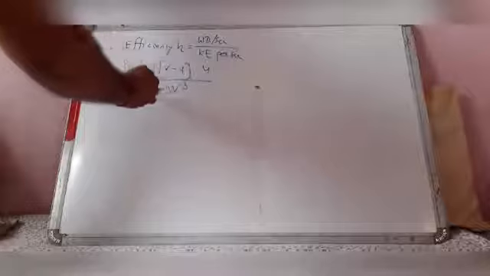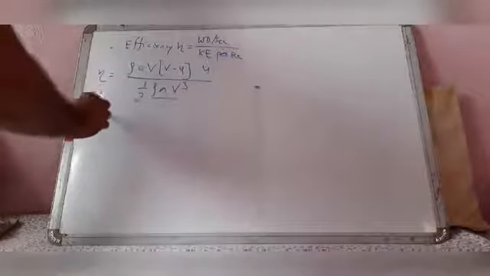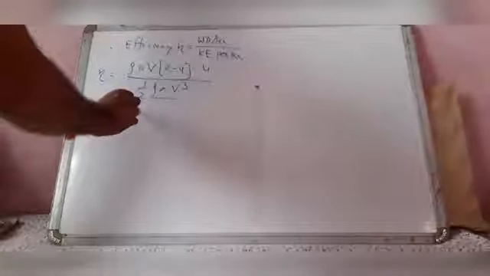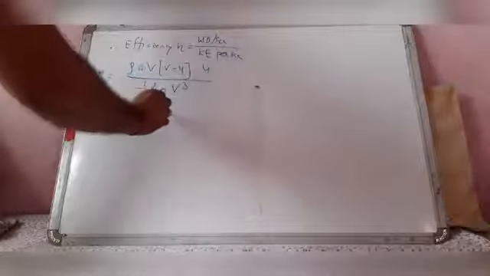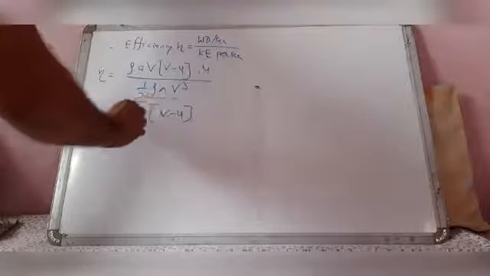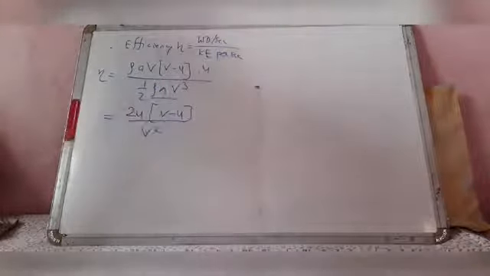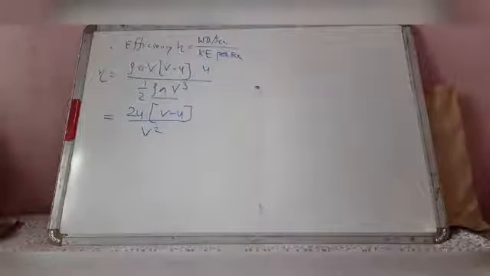Here rho A v and rho A v cancel, and the 2 goes upside, so 2u into v minus u by v square. This is the formula for efficiency.